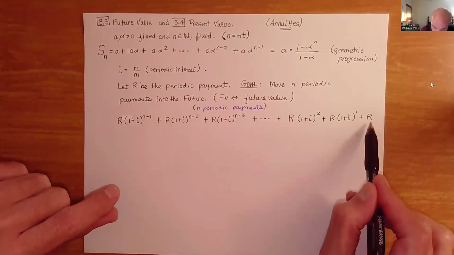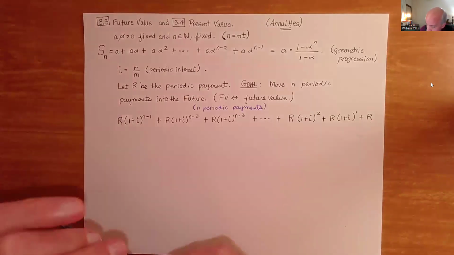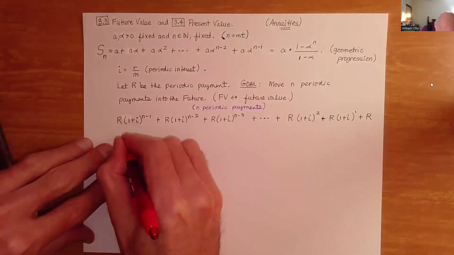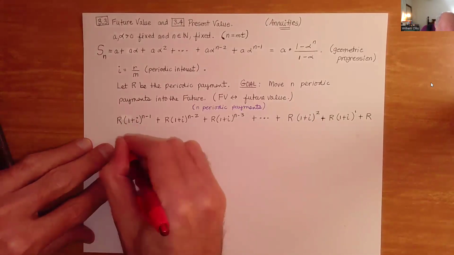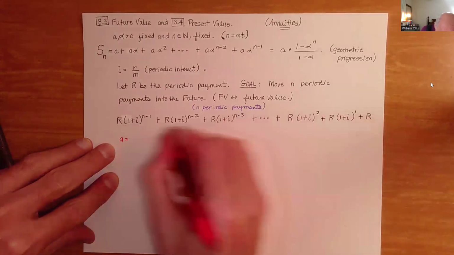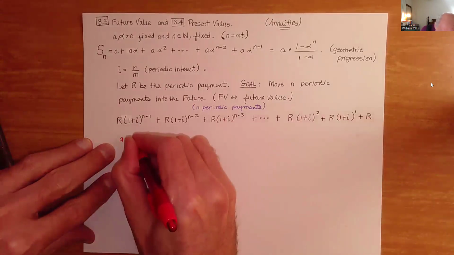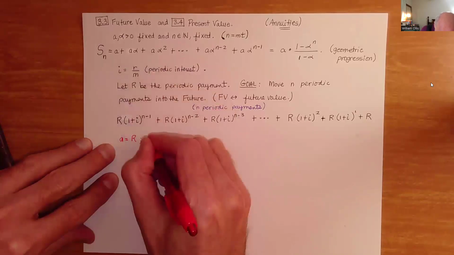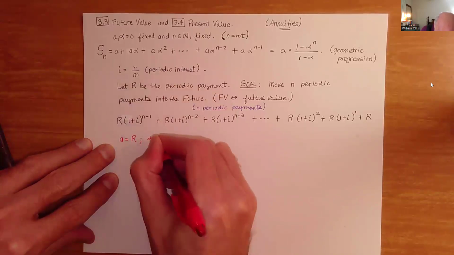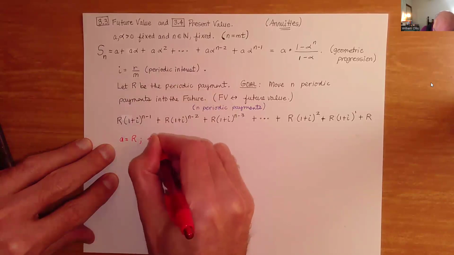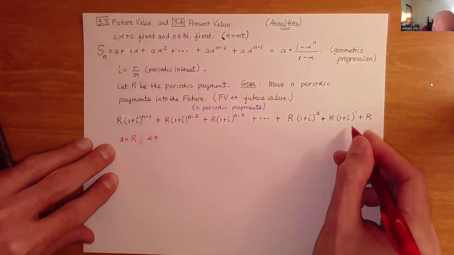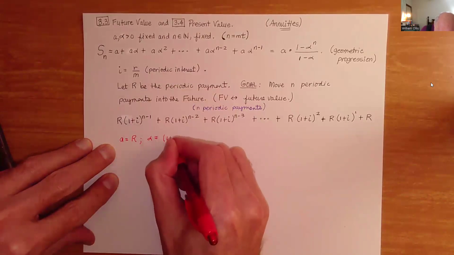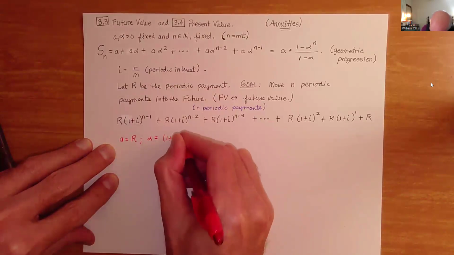If we compare the two, and I'll write this in red, we see that the A is equal to R, and now I'm using an alpha as the common ratio. We see that's equal to, in this case, 1 plus I. I'll just leave it in parentheses if you like.